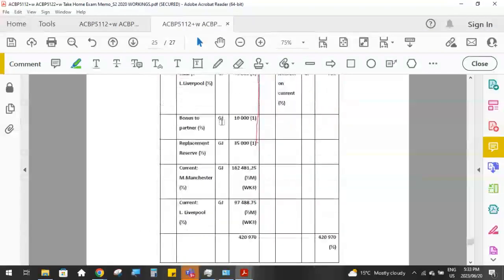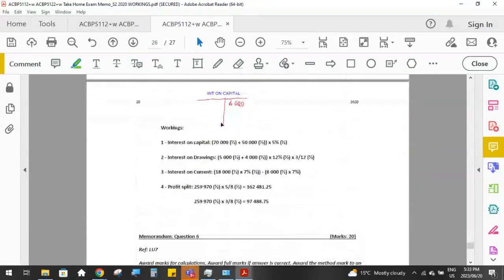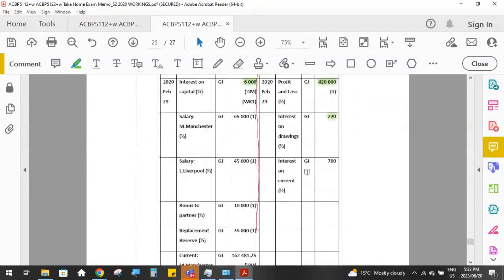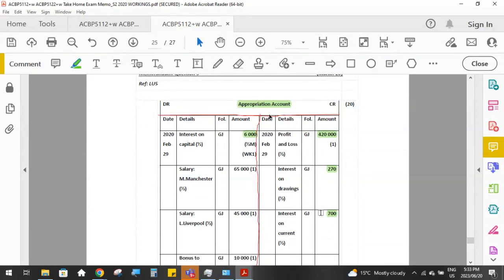So again, if we have a look at the workings, they've split it here as 18,000 times 7% minus 8,000 times 7%. And because that money is owed to the partnership, the interest on current is going to be on the credit side, on the income side for the partner.